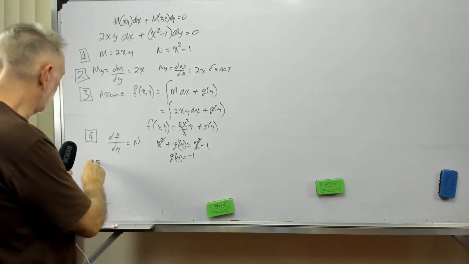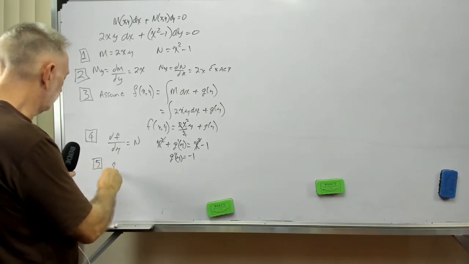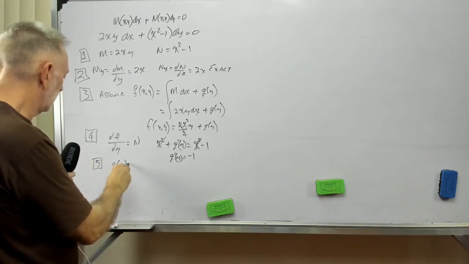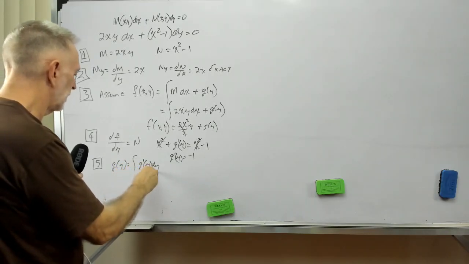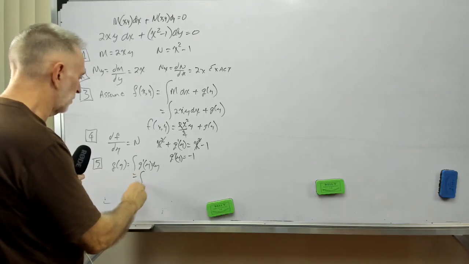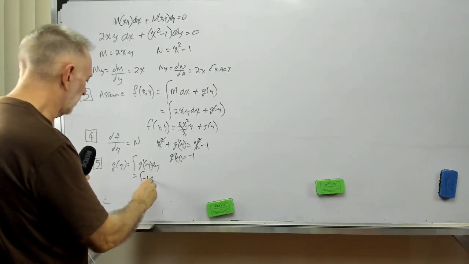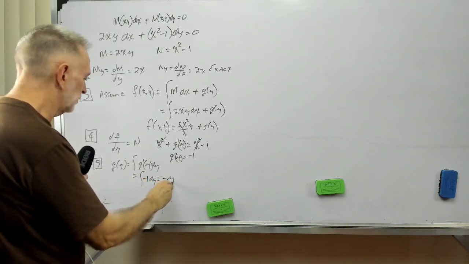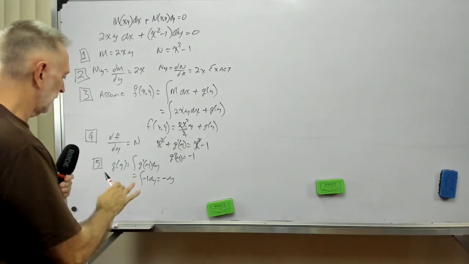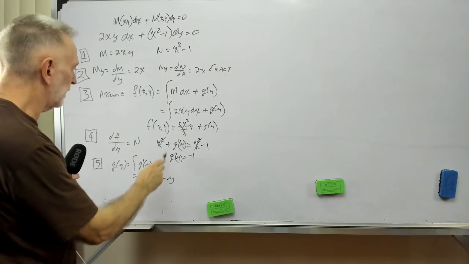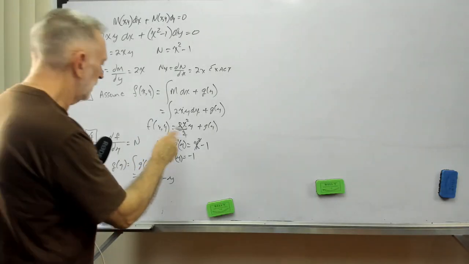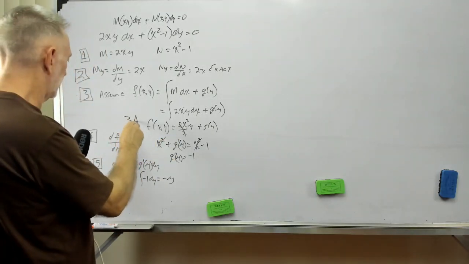So step 5, what is g of y? That equals the integral of g prime of y dy, which equals the integral of -1 dy, and that's minus y. So I'm going to plug that negative y into step 3a, sorry, I should have marked it.